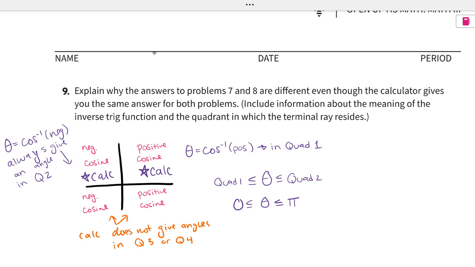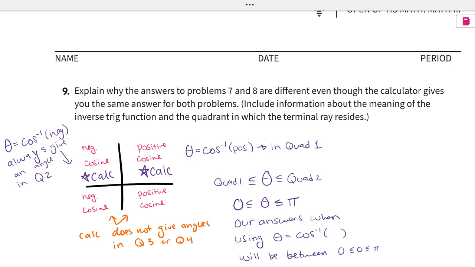So our answers for theta equals cosine inverse of some value will be between 0 and pi, right? That's because that covers the positive and negatives.